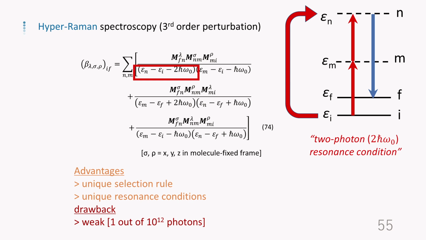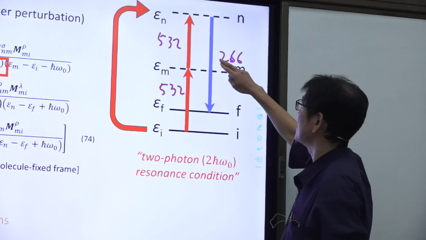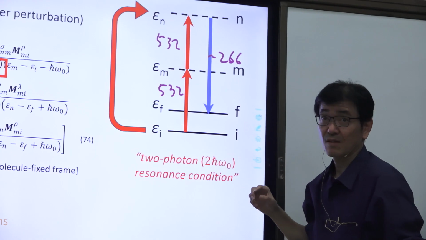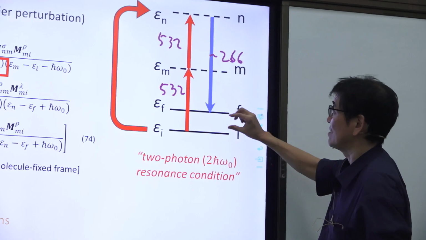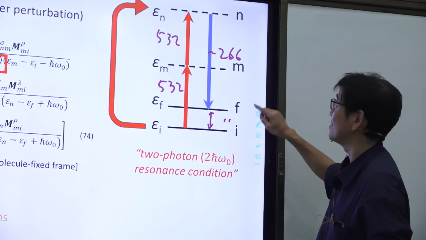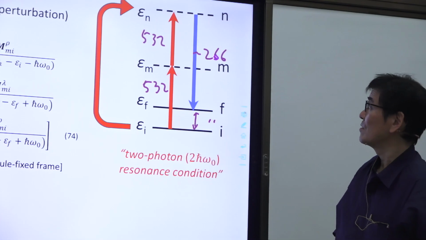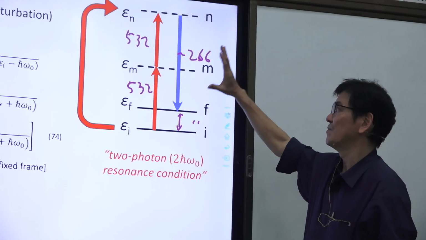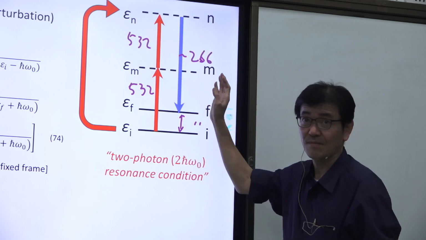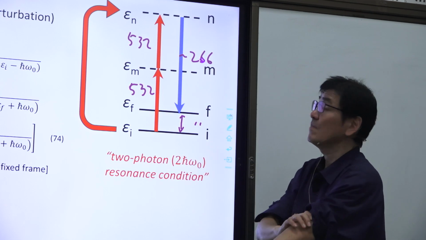So if this is 532, then for the excitation beam, the Hyper-Raman signal is nearly 266, so nearly twice the energy. Exactly speaking, the vibration energy is subtracted from this, right? But it's possible to observe such a process. This is a two-photon absorption.